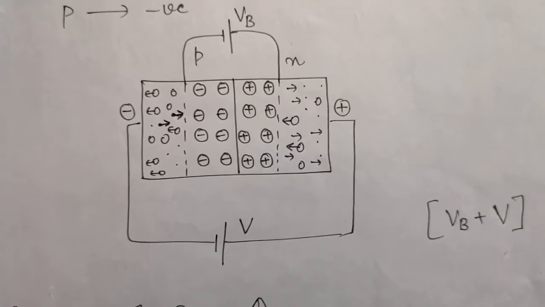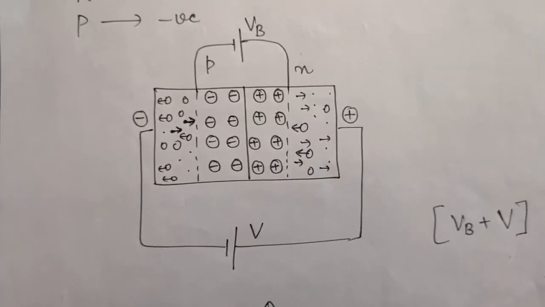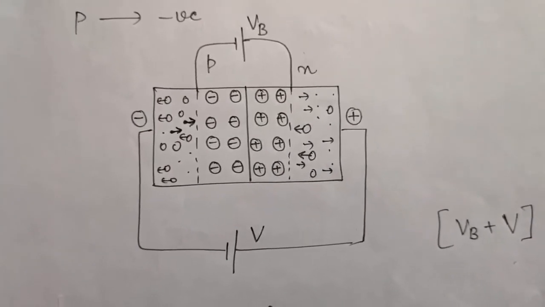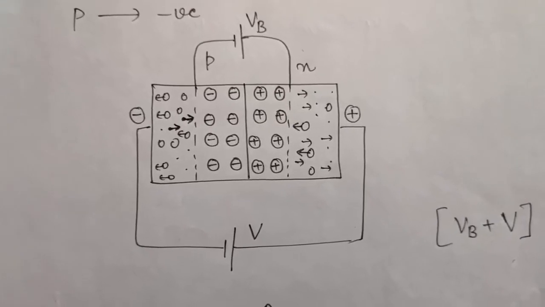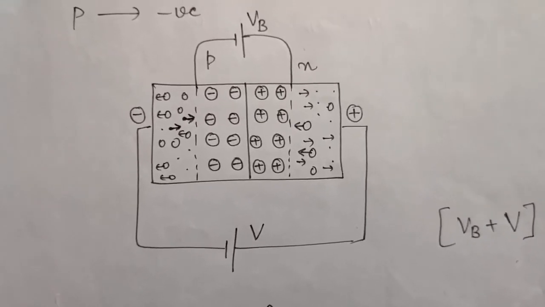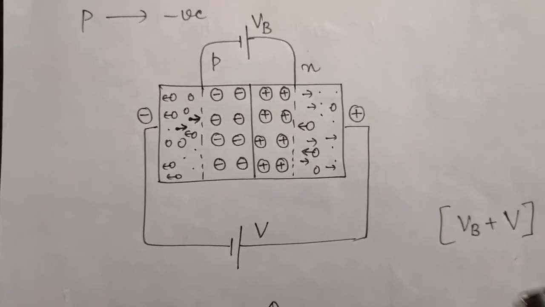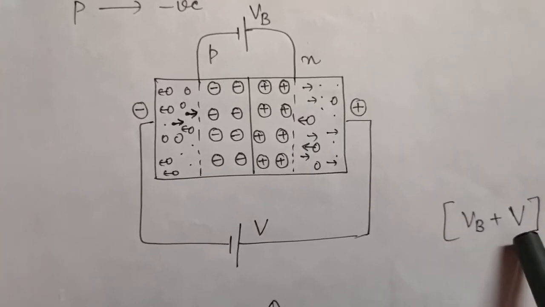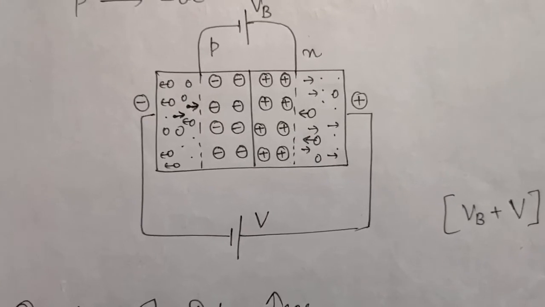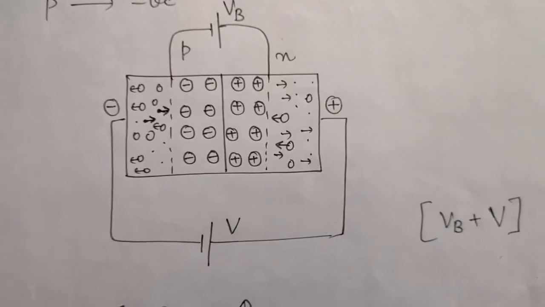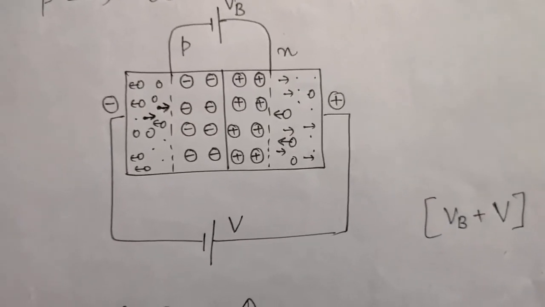So you can say this time the potential barrier of the PN junction is supporting the reverse current. So here the resultant voltage will become VB plus V, right? And in forward biasing, it became VB minus V.